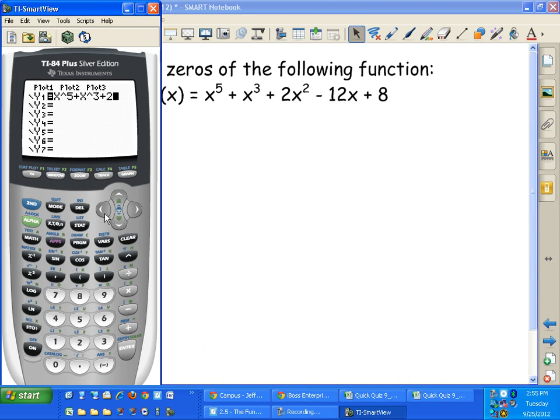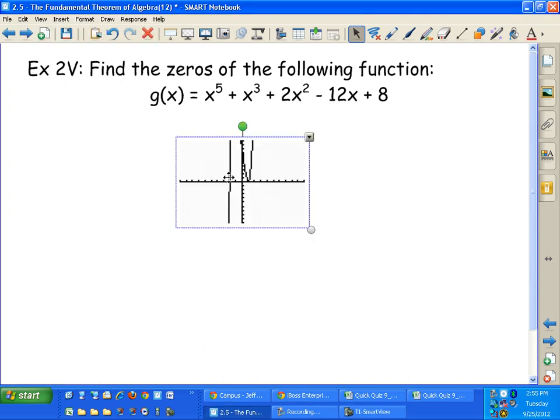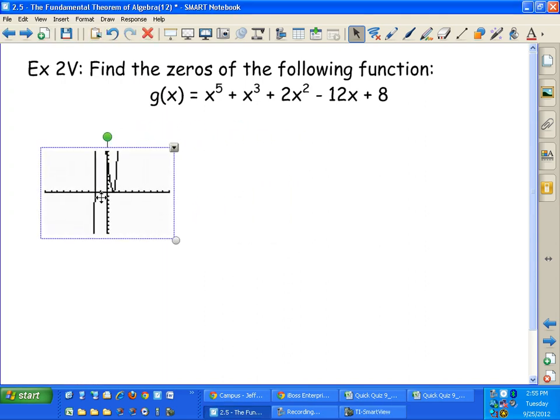Plus 2x squared minus 12x plus 8. And so when I graph this, you can see that I get a bunch of solutions. I'm not going to zoom out. It goes up and comes back down. But you can see I have different solutions. And so I would probably use long division or synthetic division to find those values.